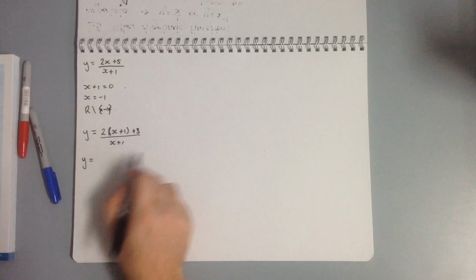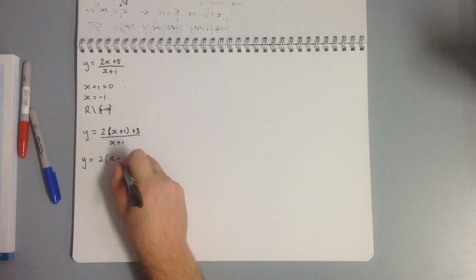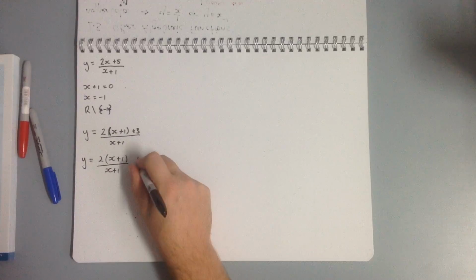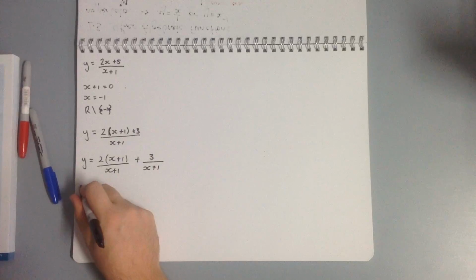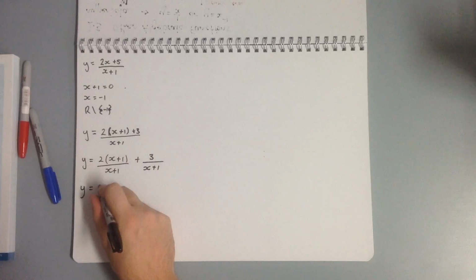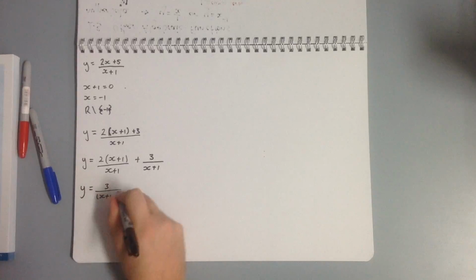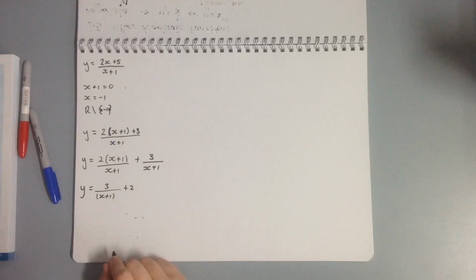So we split this into two fractions: 2 times (x plus 1) over (x plus 1), plus 3 over (x plus 1). We get y equals, we're left with our 2, we'll put that at the end, so 3 over (x plus 1) plus 2. That's in our proper rational form.